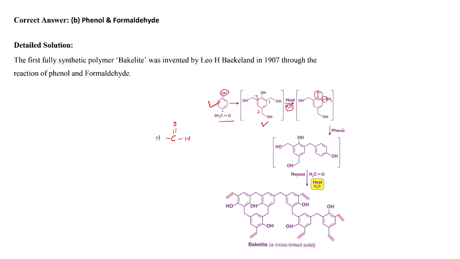On further reaction with formaldehyde, cross linking is generated, and finally cross linked Bakelite is formed.